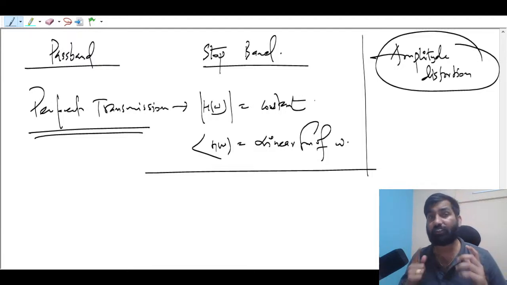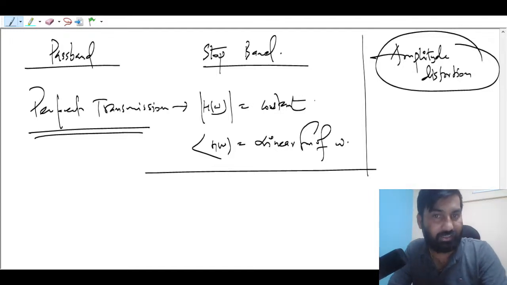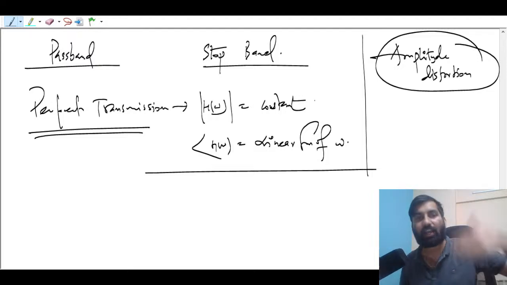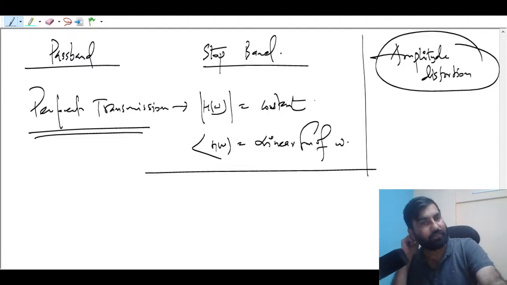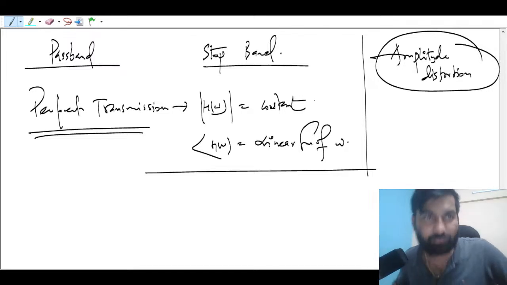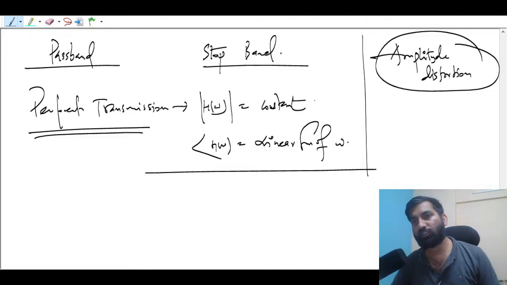If there is a phase distortion, the signal undergoes different delays for different frequencies. Those delays are important, and they are known as the phase delay and the group delay.